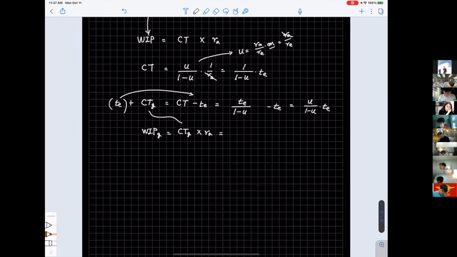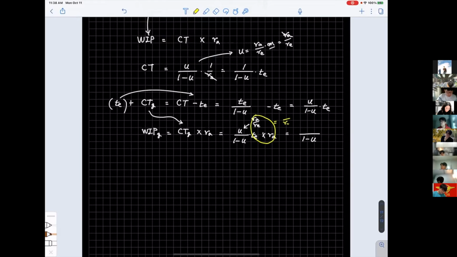And if we insert this calculation here, and RA is RA, and if we insert here RA, then this becomes this result.